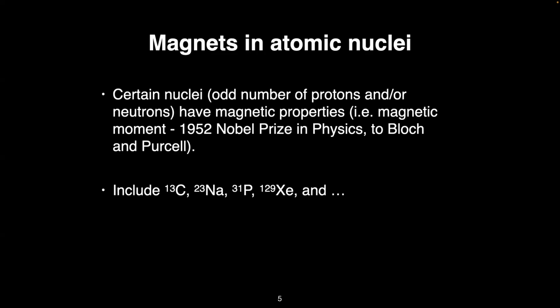So some nuclei here, you see the list: carbon-13, sodium, phosphorus, xenon. These nuclei have specific properties where they're like tiny magnets, or in the parlance, they have some magnetic moment. But can anybody guess, besides these, what is the species or atom or nuclei that we're most interested in for MR and that we use most day to day?